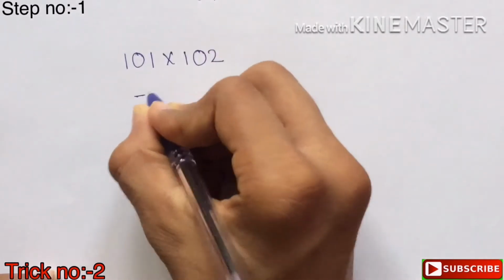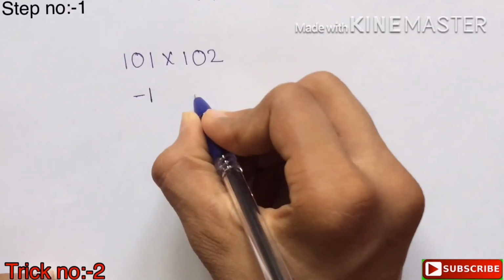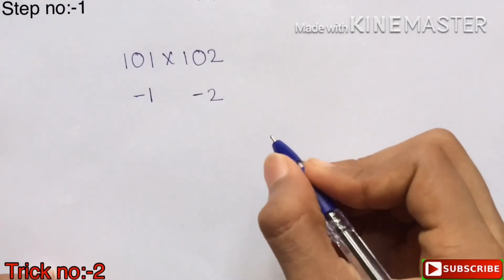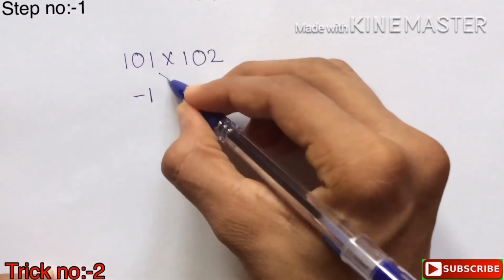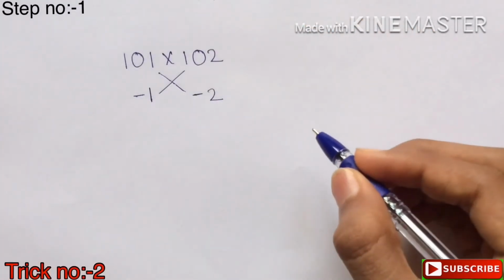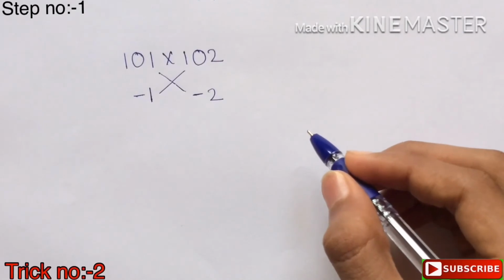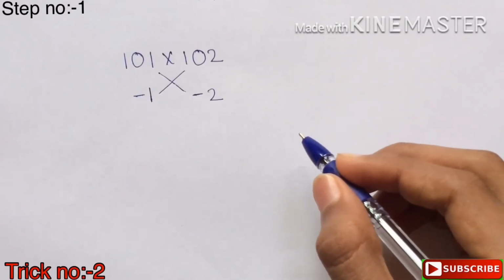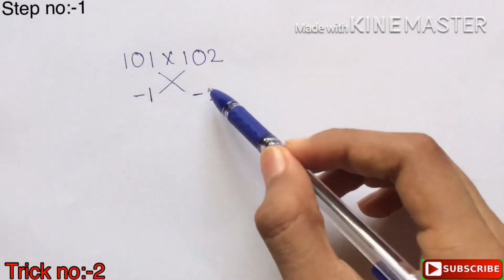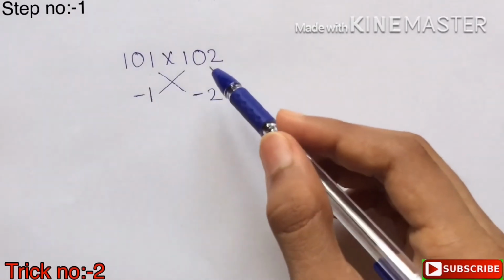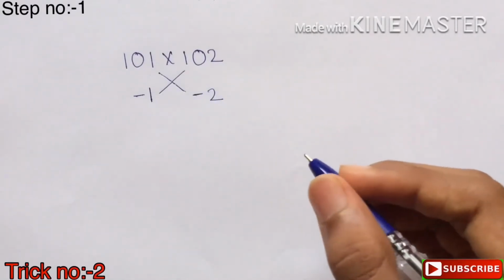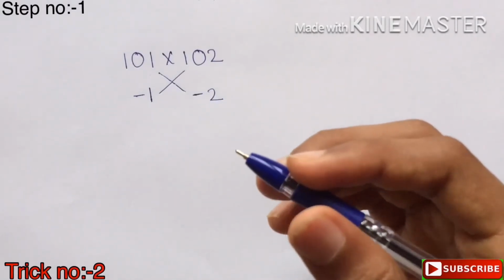Here if we do minus 1 we get 100 and if we do minus 2 we get 100. And here we have to do cross addition. In our trick number 1 we had done subtraction. If we do here 101 plus 2 we get 103, and again if we do 102 plus 1 also we get 103 only. Any of the numbers we can do.